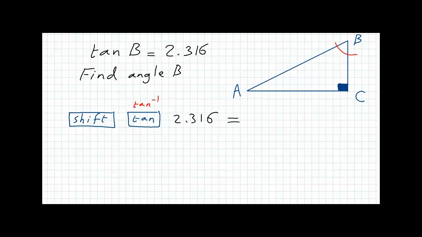This will give you the measurement of angle B, which is 66.6 degrees approximated to the nearest tenth.